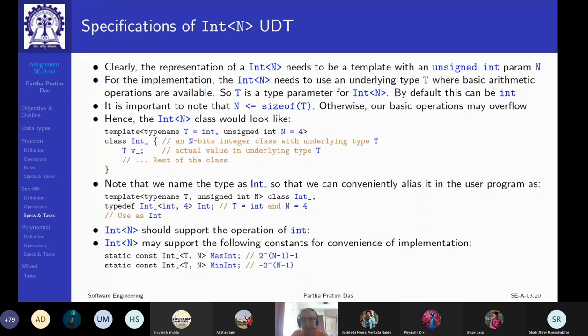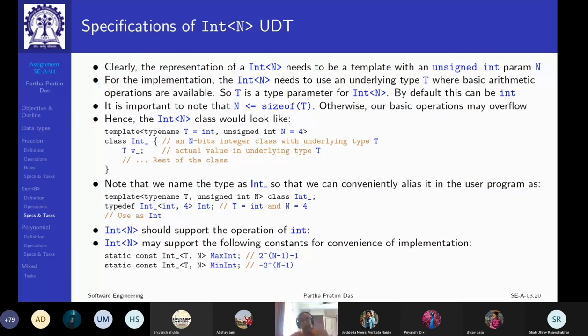Now, why do we have the underlying type as also a template variable? Because if I want to have a number of bits which is more than the number of bits available in int, suppose I want to have a 36-bit int, I cannot do with just underlying type being int, because that itself will overflow with 32 bits.